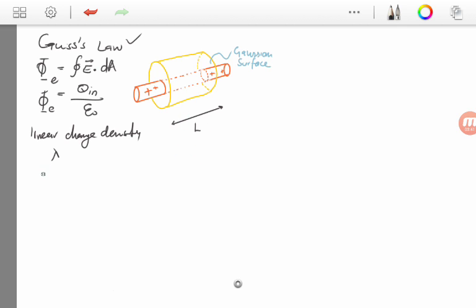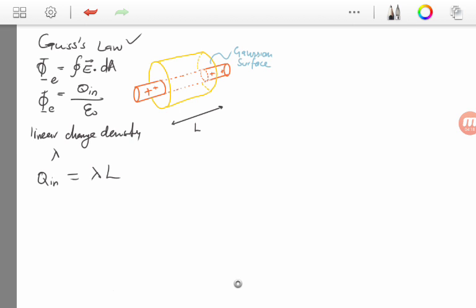So already you can see that Q inside will be equal to the linear charge density multiplied by the length, because the linear charge density is the charge divided by the length. So this length will cancel out with this length, and we're left with only the charge. So Q inside will be equal to the linear charge density multiplied by the length.